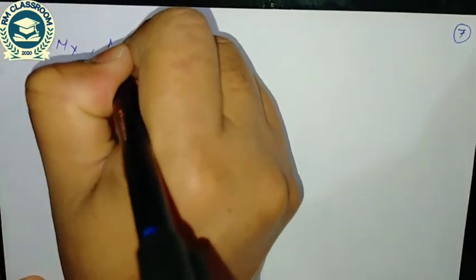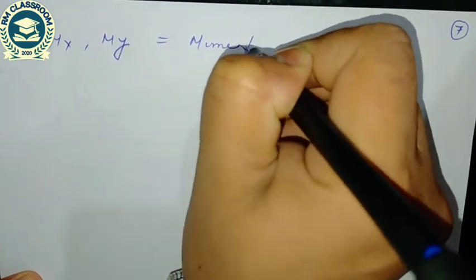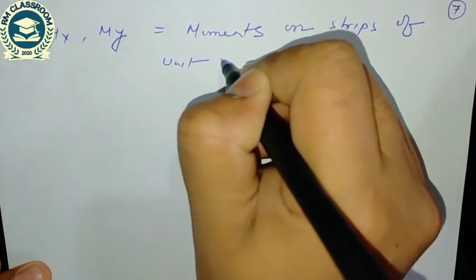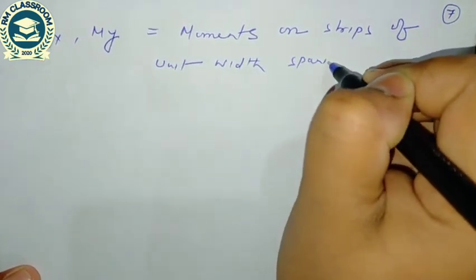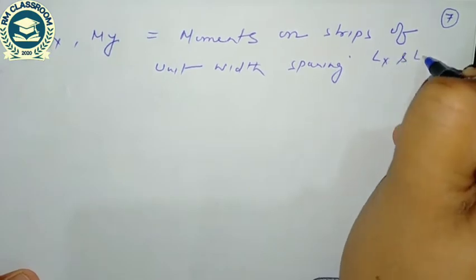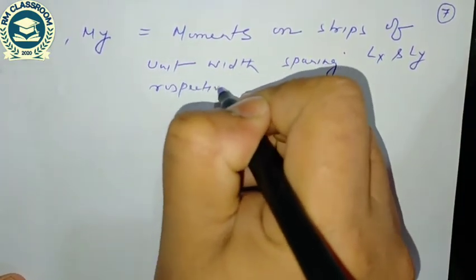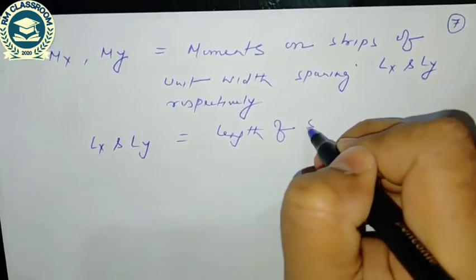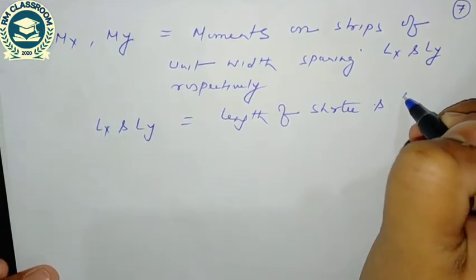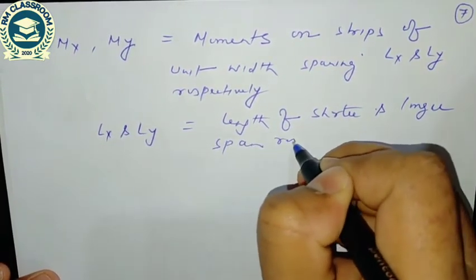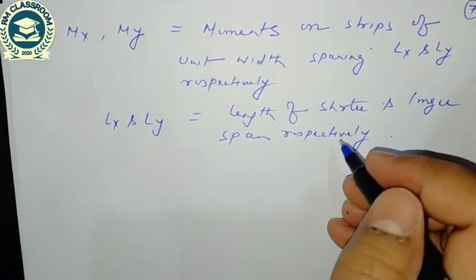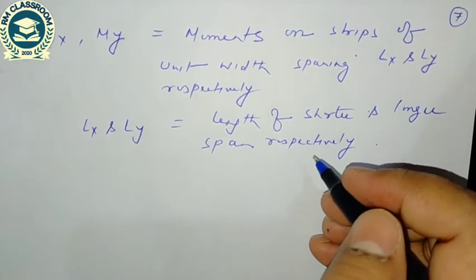Where Mx and My are moments on strips of unit width spanning Lx and Ly respectively, Lx and Ly are the lengths of the shorter and longer span respectively, and alpha x and alpha y, as I told you earlier, are the coefficients given in table 26 and 27.